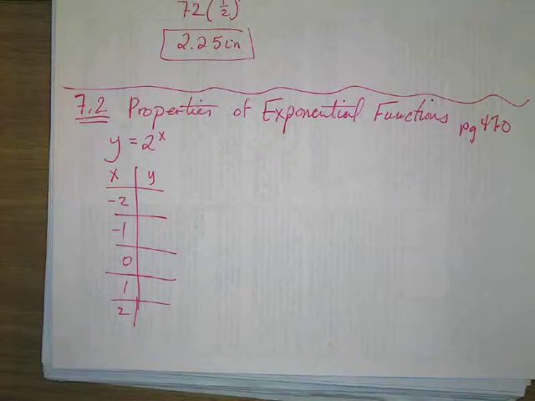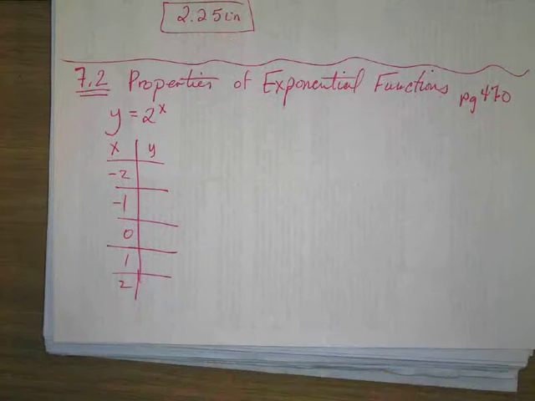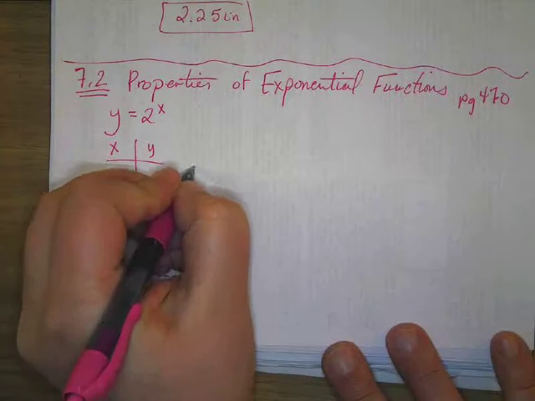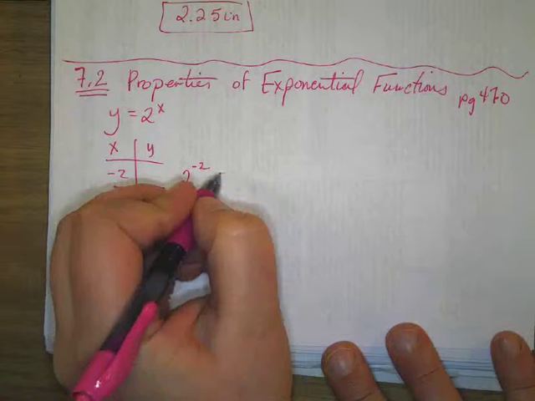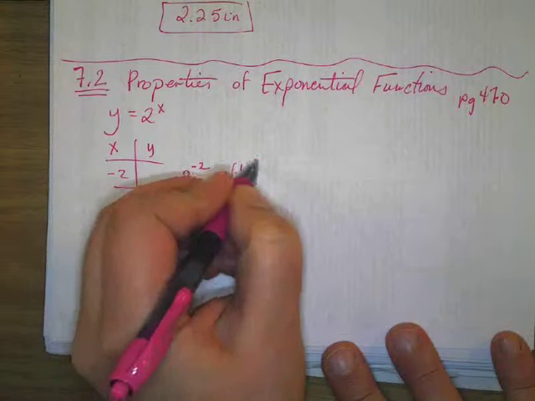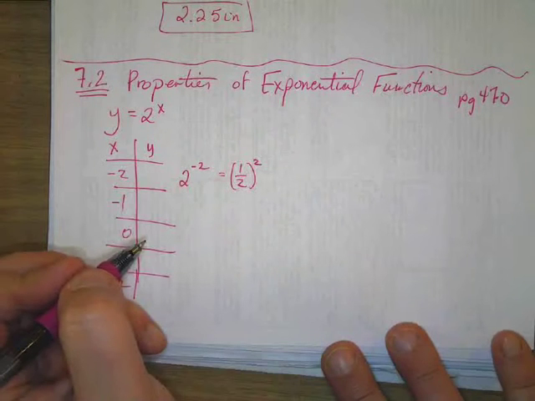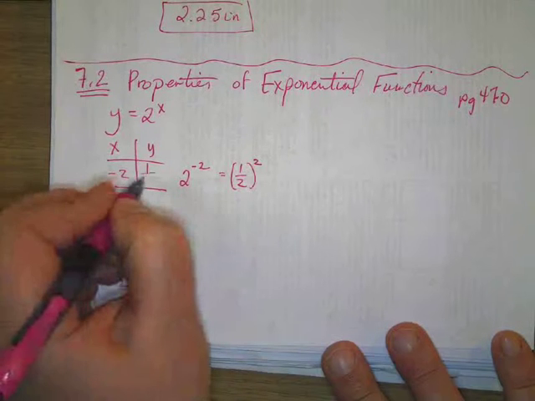So I'm going to pick my typical points, and we're going to figure out what this thing looks like. This is kind of review for yesterday as well. So let's put the -2 in there. Flip it, so that makes that into 1/2 squared. Well, what's 1/2 squared? 1/4.